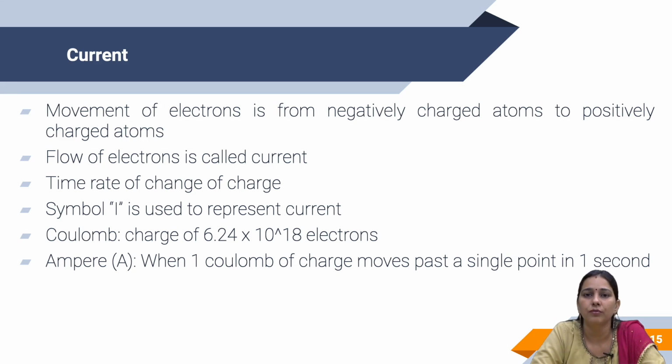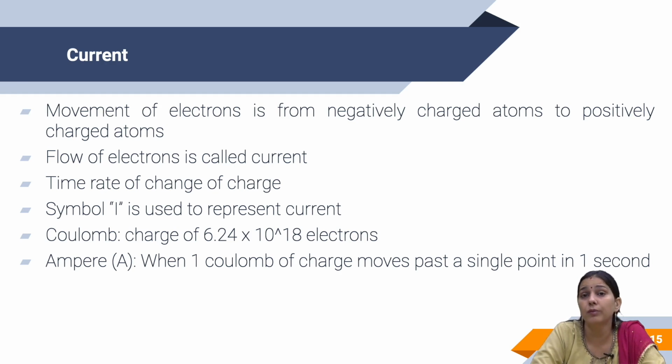So we can write it as current, that is capital I, equals charge, represented by Q, divided by time. The unit of the current is amperes.